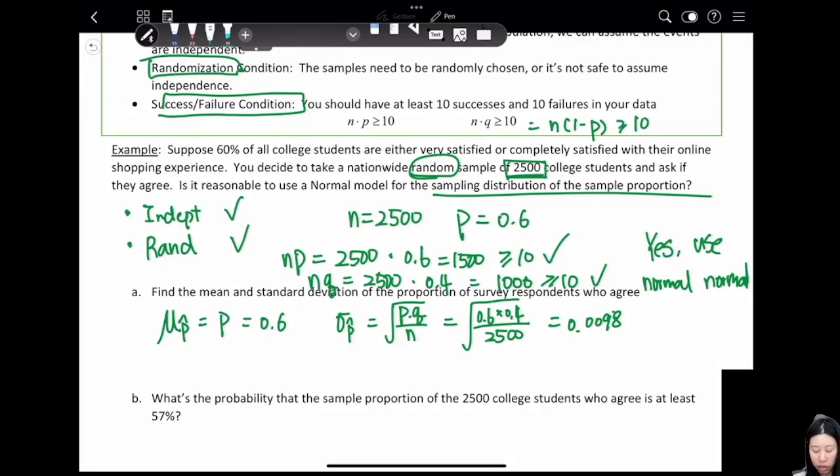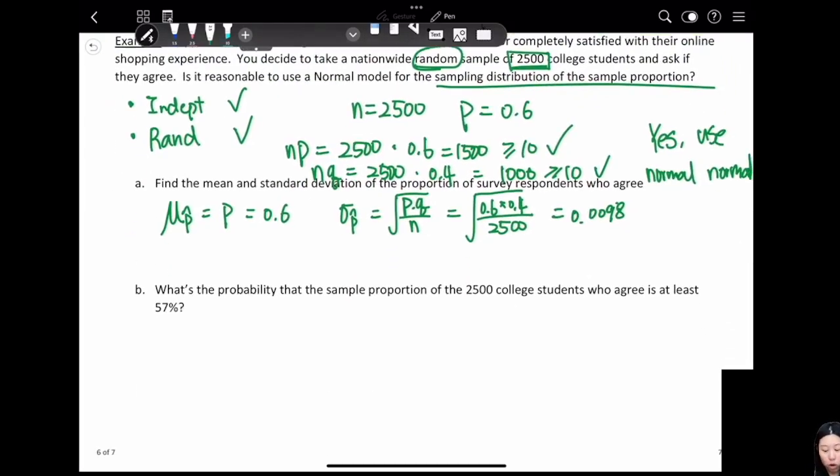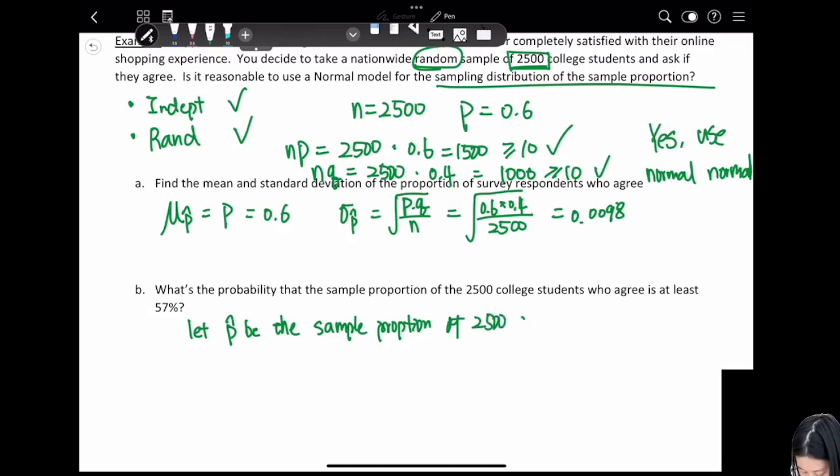So what's the probability that the sample proportion of 2,500 college students who agree is at least 57%? Okay, since this is the proportion, we let p hat be the sample proportion of the 2,500 college students.